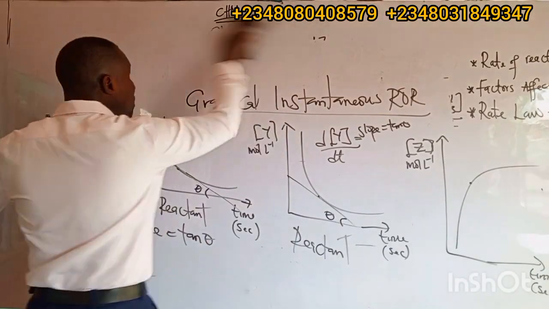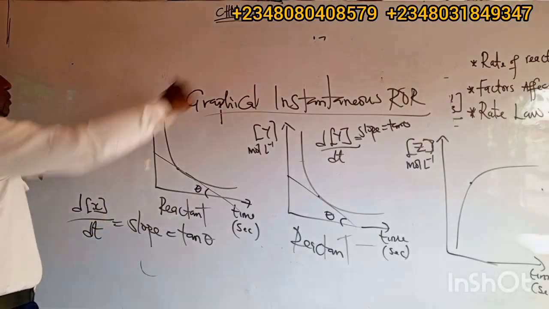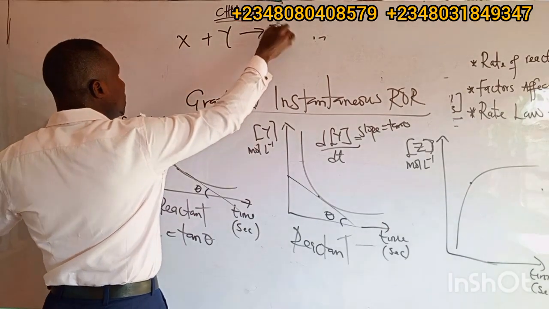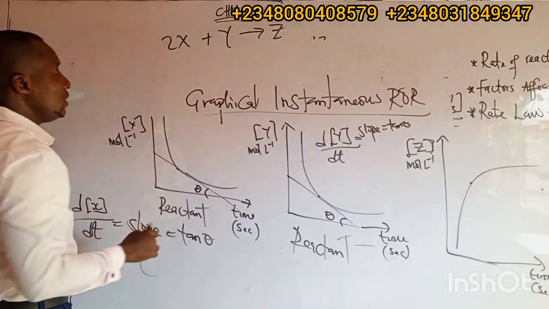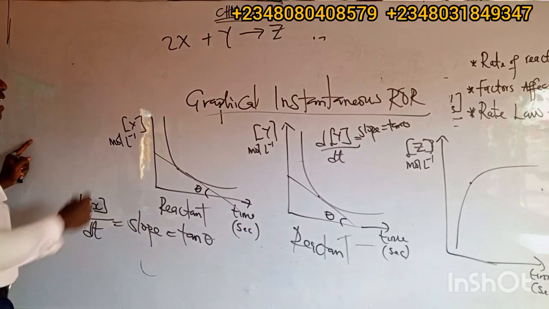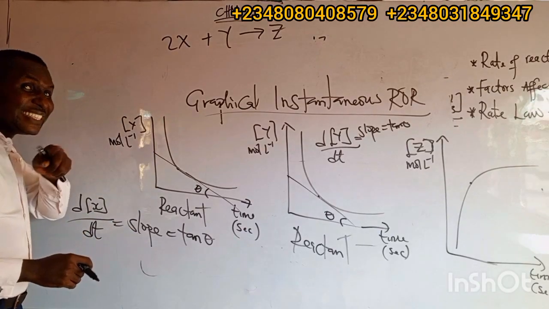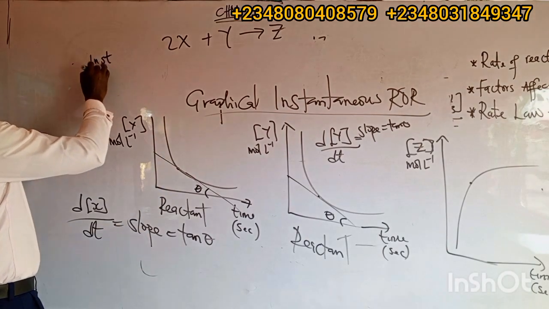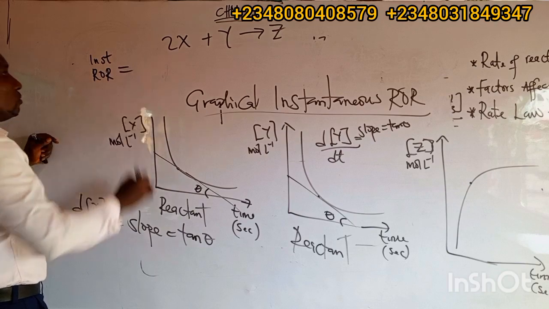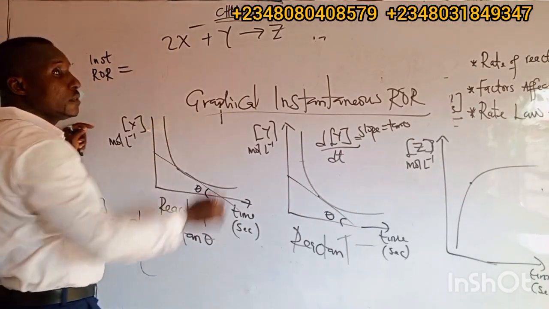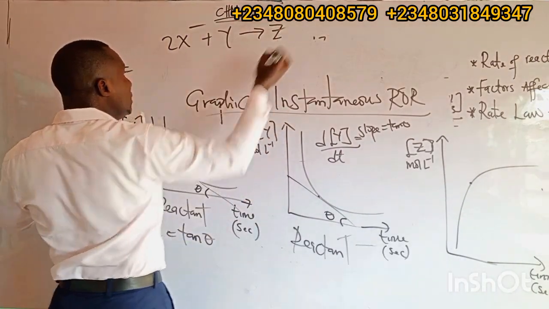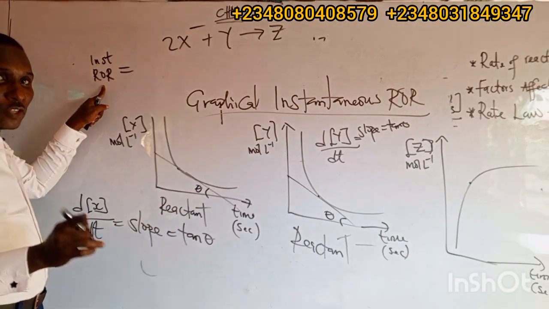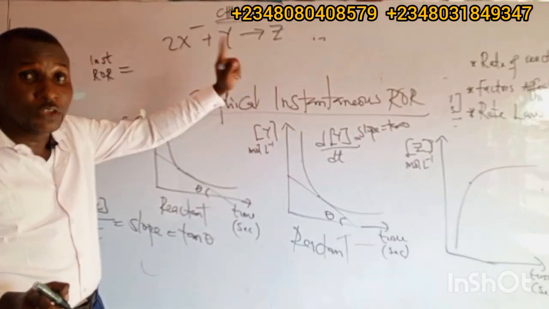But before we move on, let me explain this. Look at this. Let me assume you have X plus Y equals Z. Let me put here: instantaneous rate of reaction. If they ask you to express the instantaneous rate of reaction, for the rate of reaction, not the rate of appearance or disappearance, we need the stoichiometric coefficient.